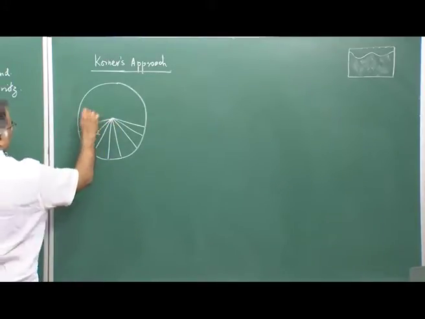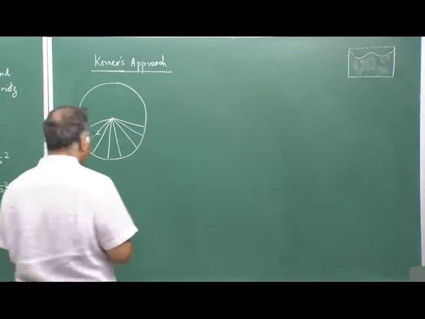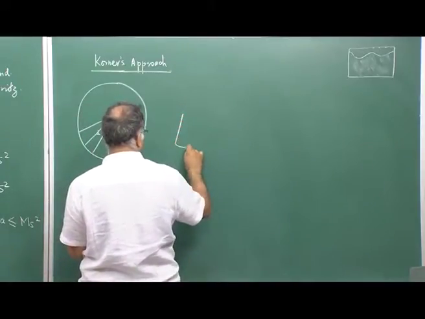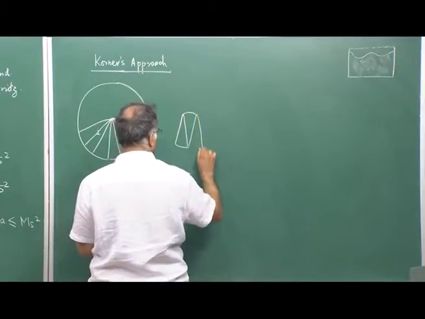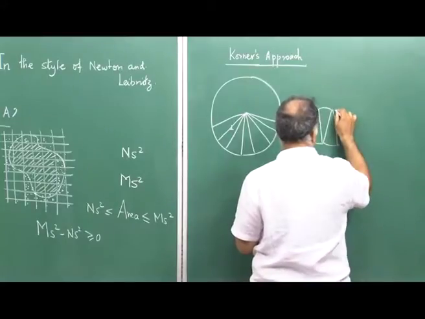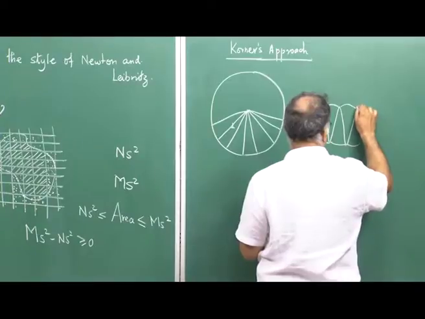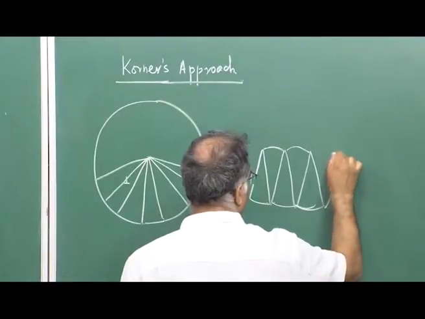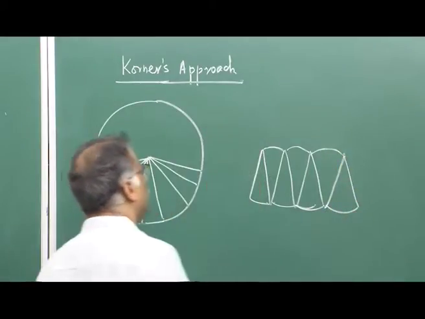I am not going to waste my time completely cutting them off. So if I cut them off into slices, then I can actually write down the slices like this. I can arrange the slices like this, basically arranging the cakes on the plate. And so on.